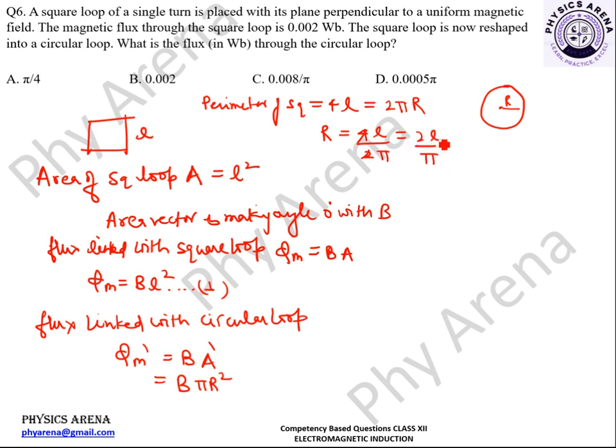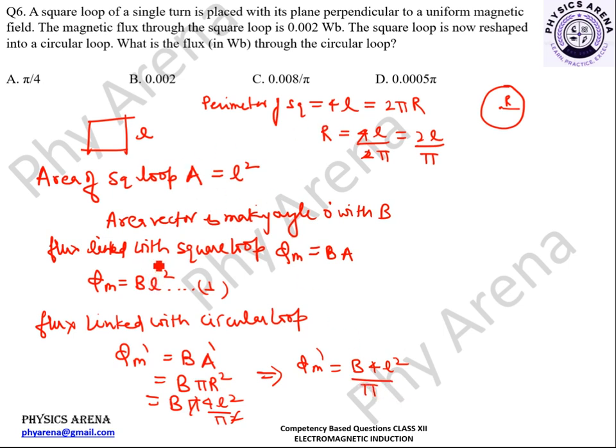Squaring it, it will become 4L square upon pi square. So that will be B times pi times 4L square divided by pi square. So this pi will cancel out with this pi, and we are left with phi m dash equal to B times 4L square divided by pi. This is equation 2.